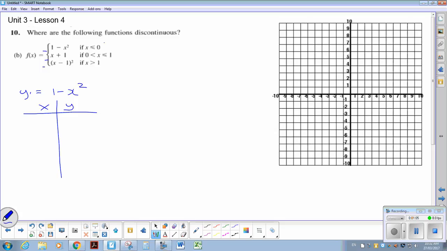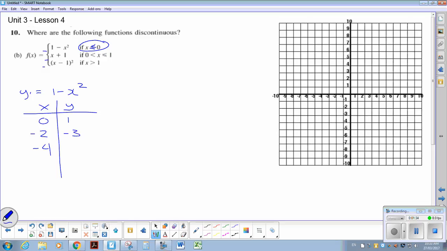And here it says x is less than or equal to 0, so I am going to include 0 in the table. Then I'm just going to pick a couple of points. I just need enough points to sketch the curve. Plugging that in, 1 minus 0 is 1. 1 minus negative 2 squared is 4, so that would be negative 3.